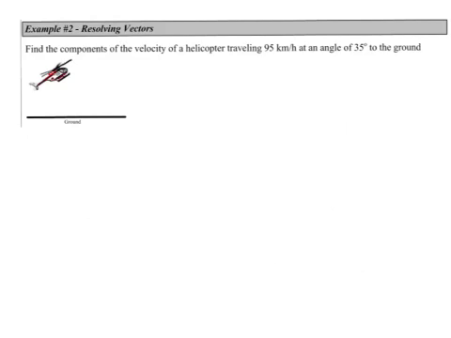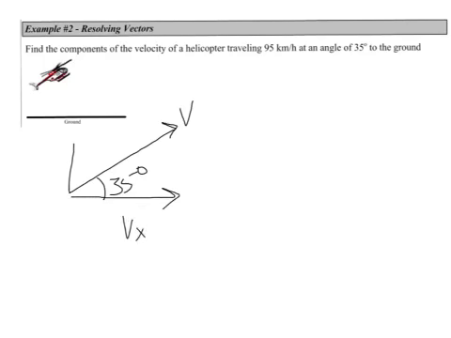So let's take a look at an example then of resolving vectors into their components. We have here a helicopter traveling at 95 kilometers an hour at an angle of 35 degrees to the ground. Okay, so this is our resultant velocity, right? This velocity has components Vx and Vy.